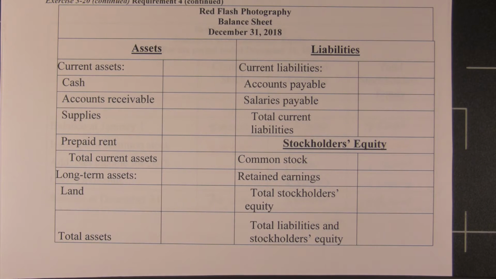We may also need to go to all of our T accounts just to double check in case we're not sure. But I think we have everything on our adjusted trial balance, so we're good to go.